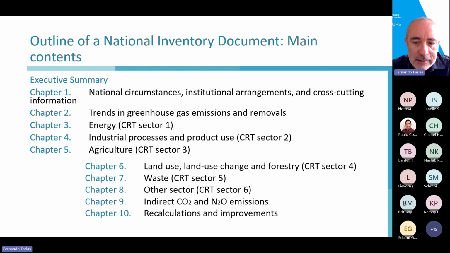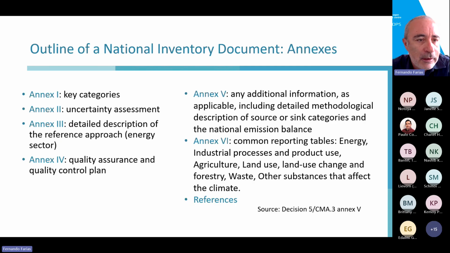We know that there is this outline of a national inventory document, and it has in total 10 chapters plus annexes under the main topics that the MPGs require to provide information. But we expect that we will navigate.